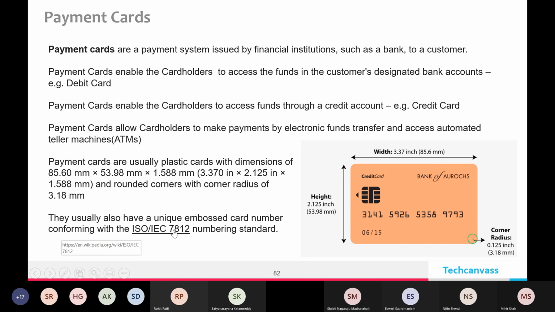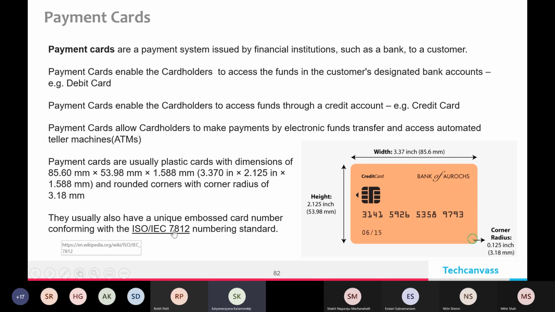One, pretty simply, it should fit in your wallet. And it should be compatible with all the POS machines or ATM machines across the world. So the ISO standards take care of those things. Any bank or financial institution that issues cards has to follow these standards.